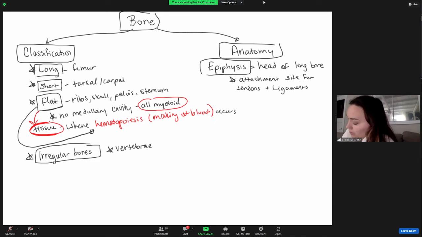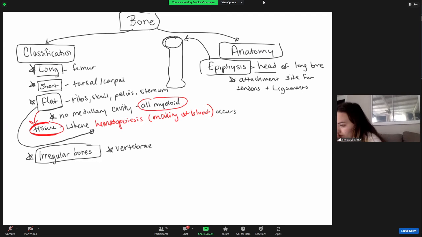If we're picturing that femur type of bone, this would be the epiphysis, also called the head of the long bone. These have myeloid tissue. Remember, myeloid tissue is where our hematopoiesis is happening.